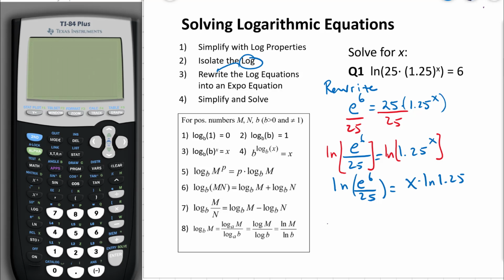And now I have a multiplication, and I'm one step away. All I have to do is divide the ln of 1.25 on both sides. So that all cancels, and now I have x by itself.